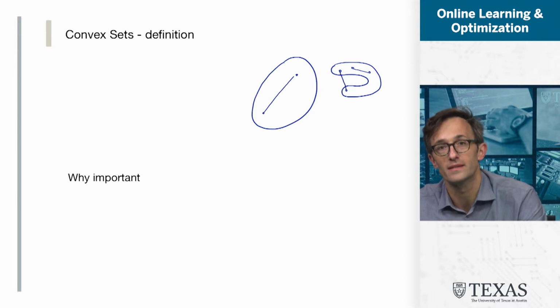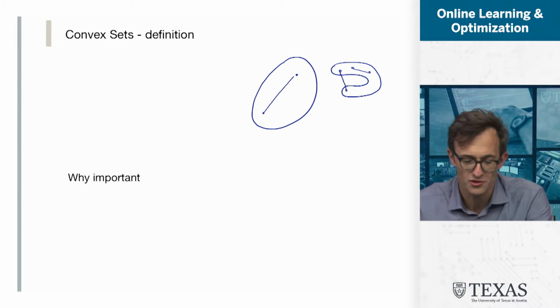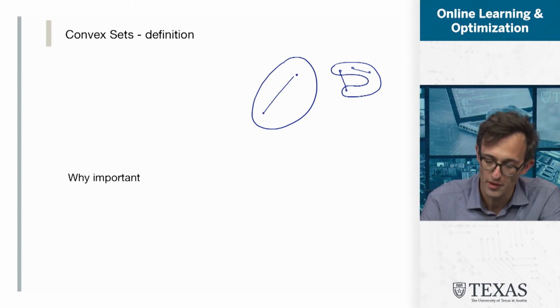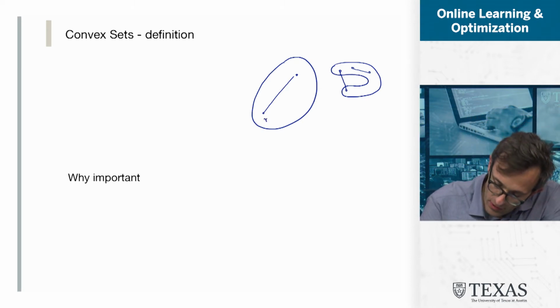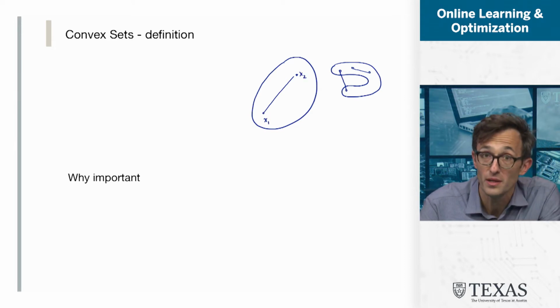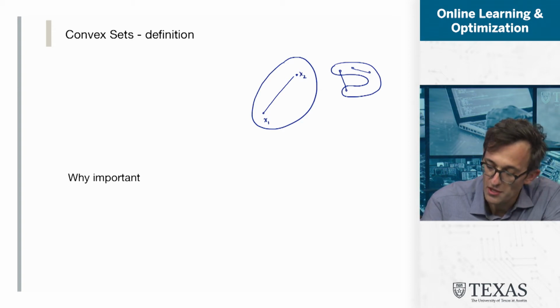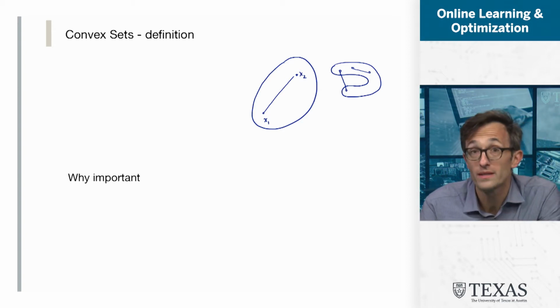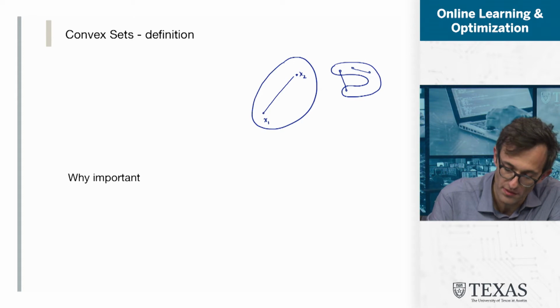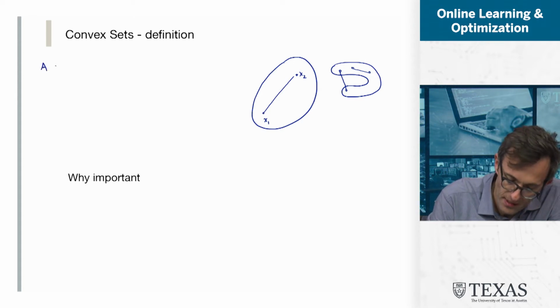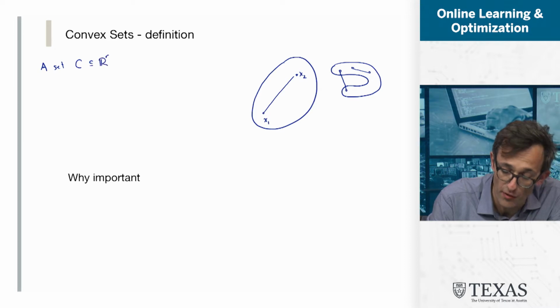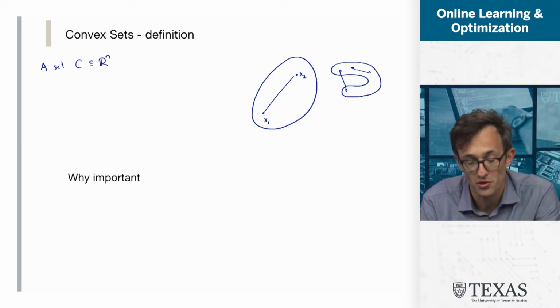Let's translate this picture intuition into algebra. It's actually quite straightforward. If I call this point x1 and x2, how do I parameterize the points in between? Well, any point in between is some combination of x1 and x2 with weights that are between 0 and 1. So the definition says a set C, which is a subset of R^n. I'm also introducing notation in case you're not familiar with it.